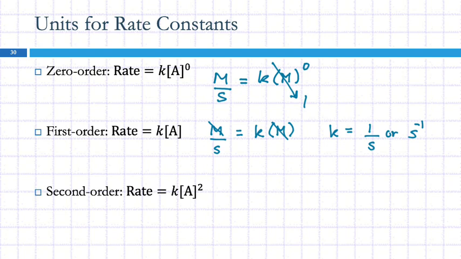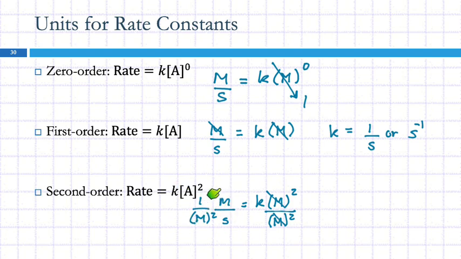For second order, again, the rate is molarity per second, equal to the rate constant times concentration squared. Well, let's be a little bit careful here and write this out. So I'm going to divide by molarity squared on both sides. So those cancel out. Now we've got this little mess here.